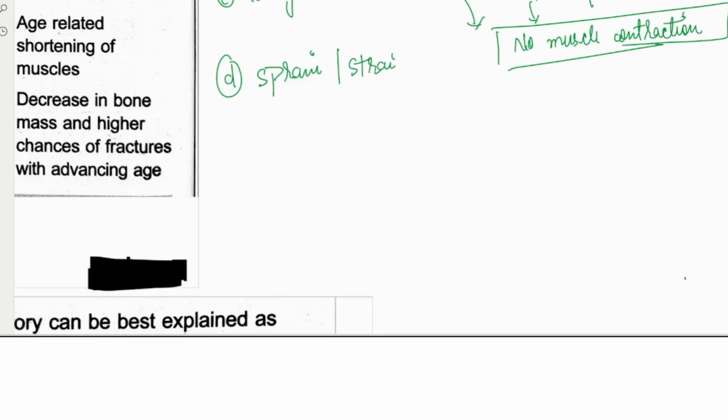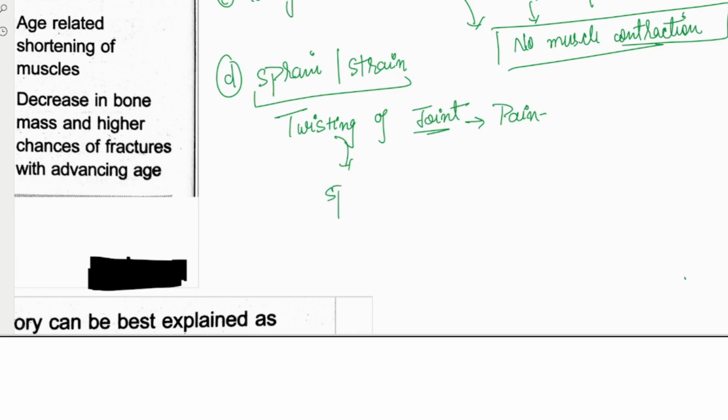Sprain and strain, they both are actually the twisting of the joint which causes pain. If it is without dislocation, then it would be a sprain.